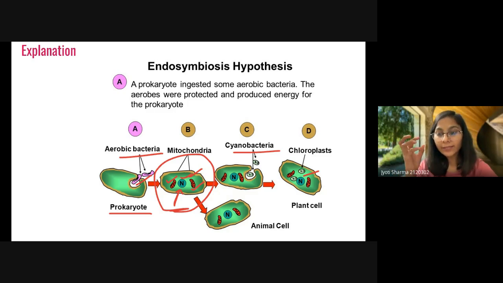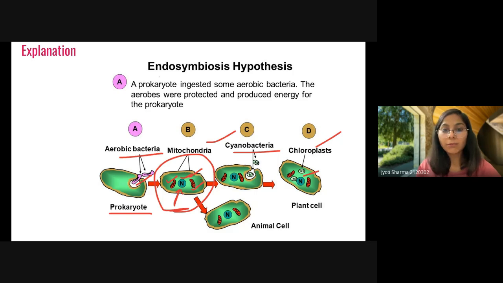So it is said that initially we had the prokaryote, then some cells were eaten up by the prokaryotes, and that's why these cells already had the DNA material. So we have some organelles, for example mitochondria, for example chloroplast, that have their own DNA, because these were initially bacteria that had been eaten up by another prokaryote. So that's why these organelles have DNA along with the nucleus, and the nucleus also has genetic material.